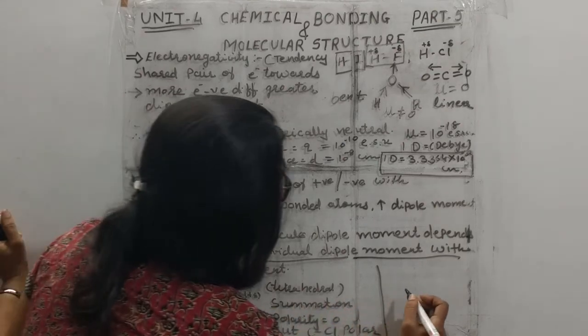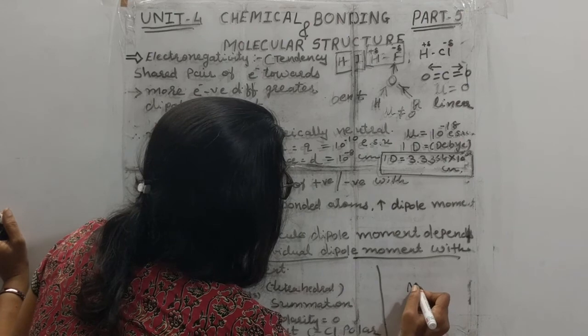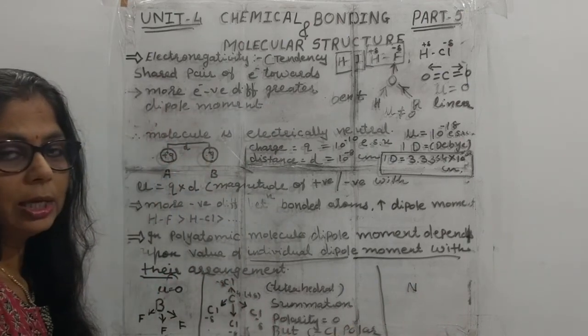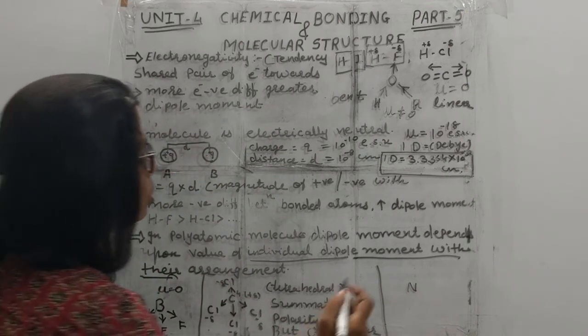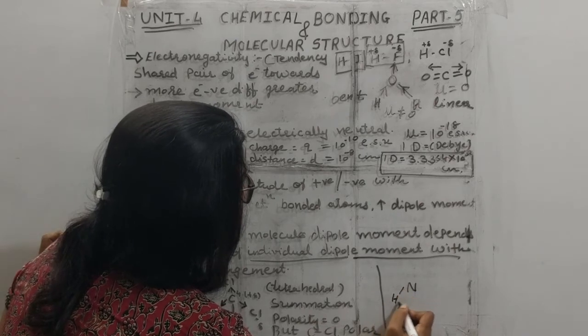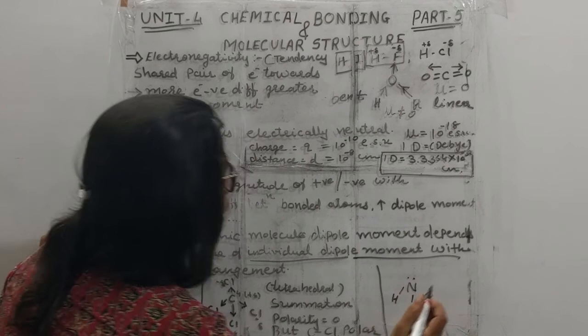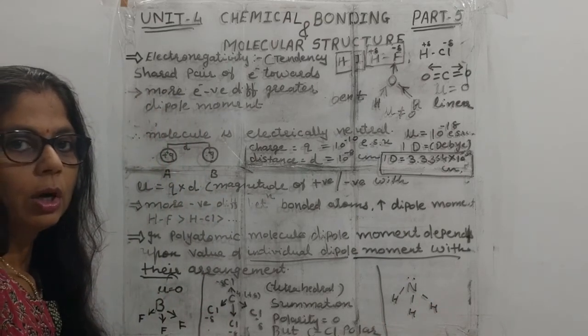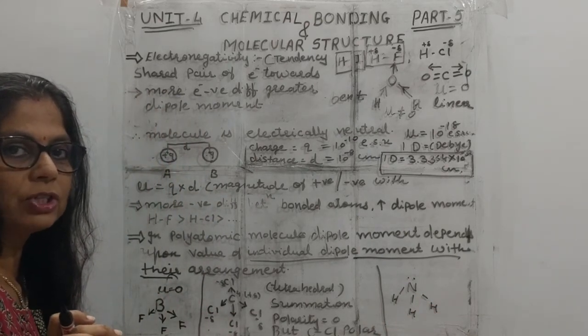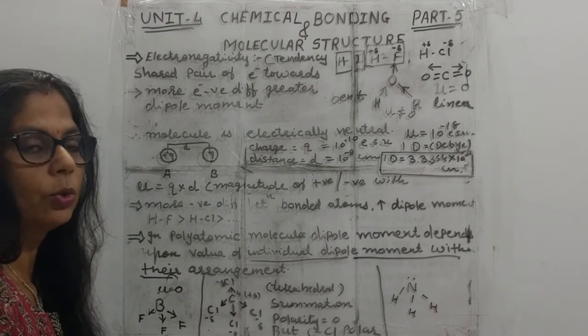Now if we take the example of NH3, nitrogen has 5 valence electrons, so H and H, and one more electron pair which did not take part, it is a lone pair.